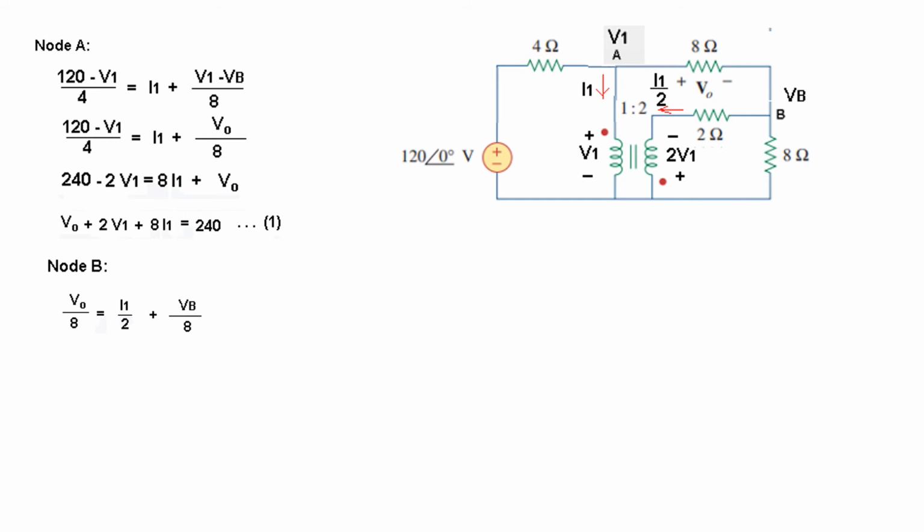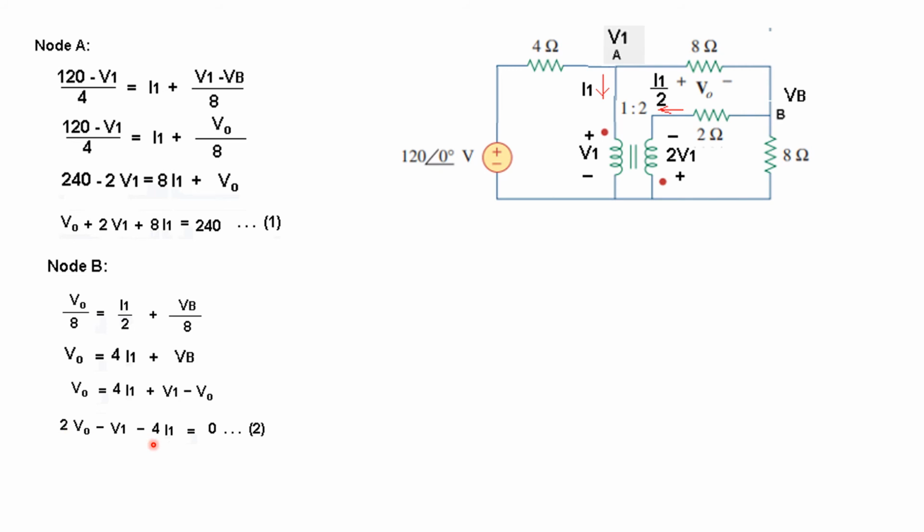Here also we'll eliminate VB to get in terms of V1 and V0. Before that we're just multiplying it by 8. So this is the form. Now replace VB with V1 minus V0 and arrange. So this is our second equation, also in terms of variables V0, V1 and I1.